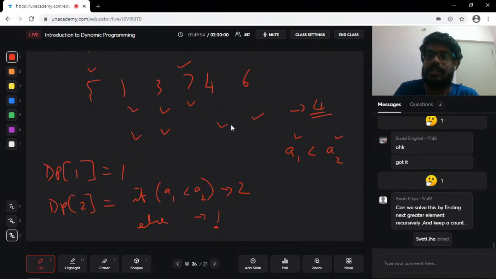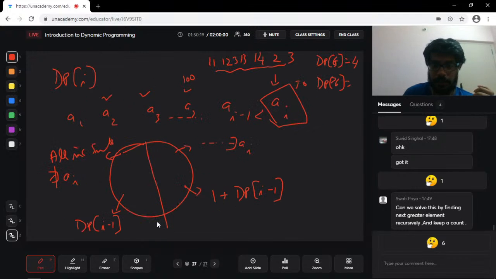I'm adding an extra constraint: yes, there are a lot of increasing subsequences in A1 to AI, but I'm only going to consider those which definitely end at AI. Now amongst these, what is the longest?